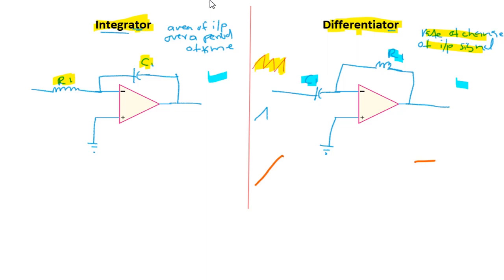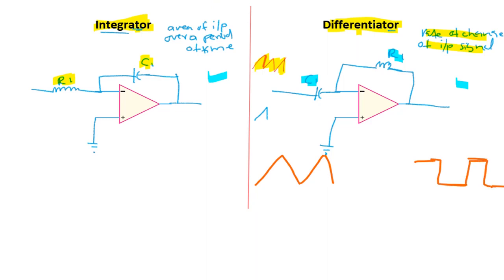Then you have a shape like this, so correspondingly you will have another slope, a negative slope. Now you have another positive slope, and then another negative slope. So if you connect this circuit, you will get a square wave in the output.